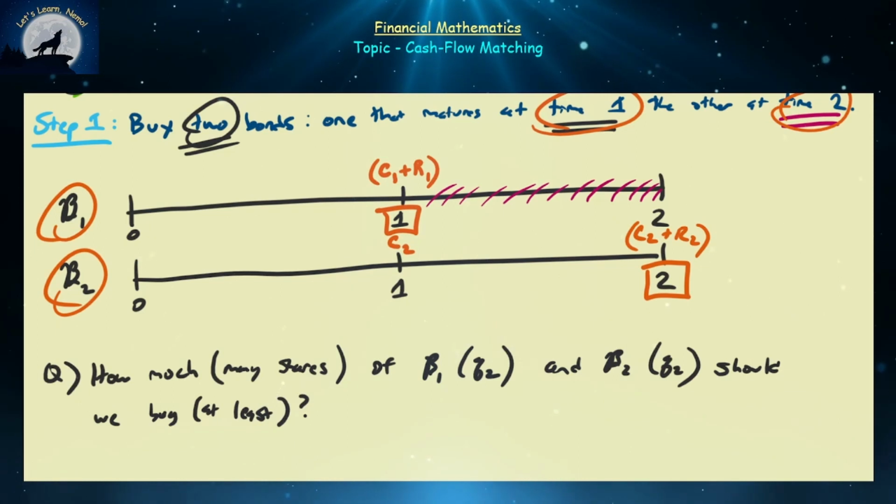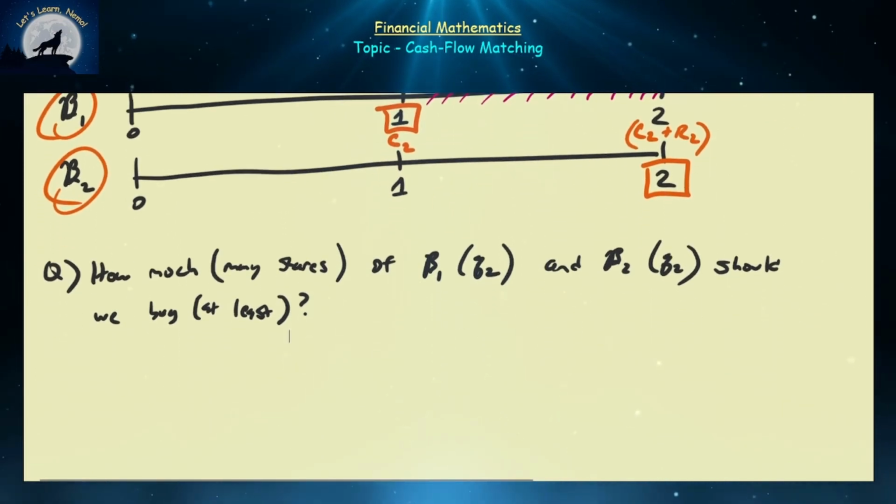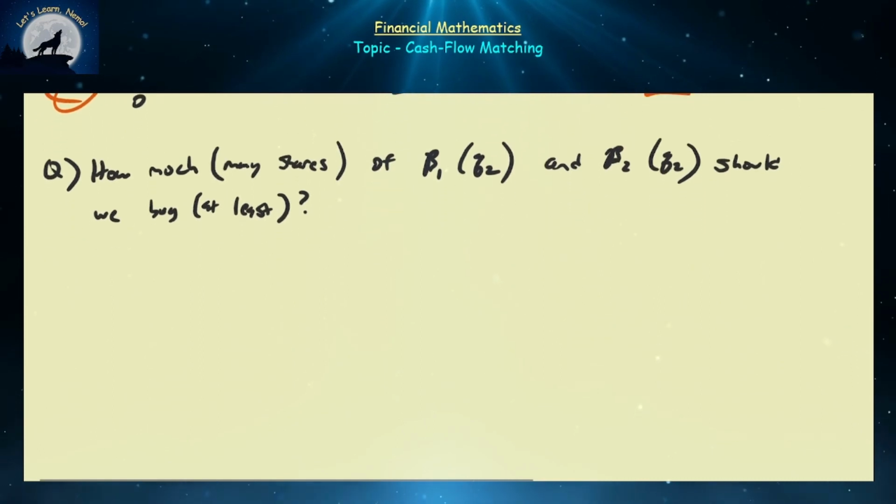I'm going to be framing everything from the equality perspective, so we're going to try and gain at least an equity of 0, but if you can get an equity that's positive, that's obviously very good. So we're just going to figure out the minimum number of shares of each of these bonds that we need to buy in order to, in some sense, break even.